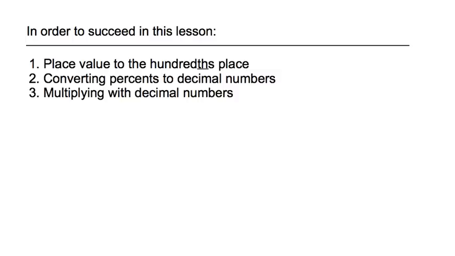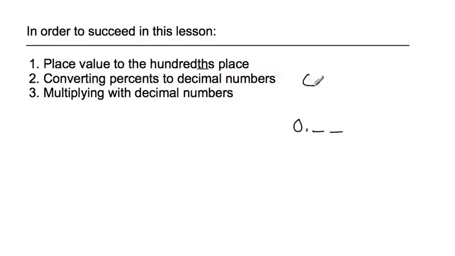In order to succeed in this lesson, you're going to have to know how to find your place value to the hundredths place, because when we do number 2, converting percents to decimals, we have to find that hundredths place. So the hundredths place is the second place next to the decimal, so it goes tenths and hundredths.